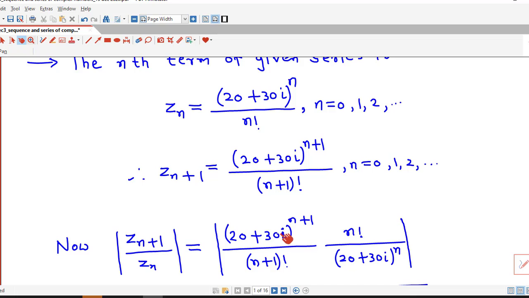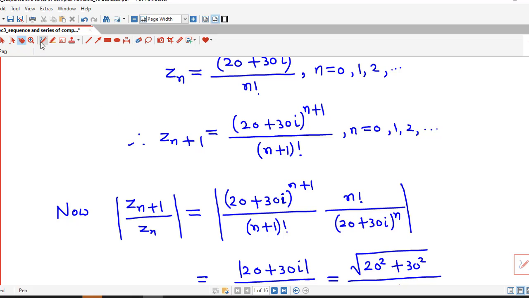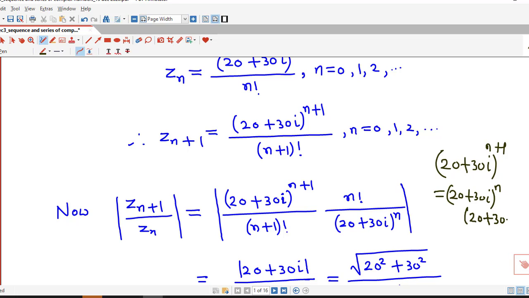Now 20 plus 30i raised to n plus 1 can be written as 20 plus 30i raised to n into 20 plus 30i. So this will cancel out with 20 plus 30i raised to n, and we are left with the absolute value of 20 plus 30i.